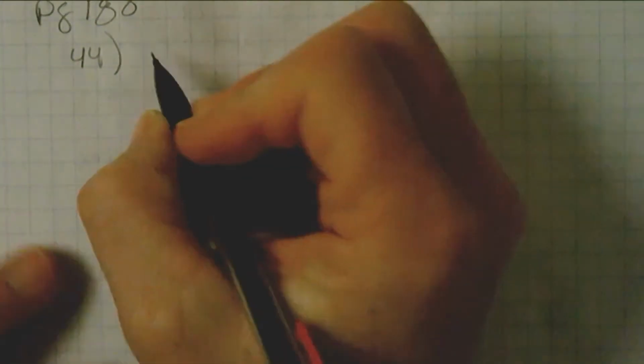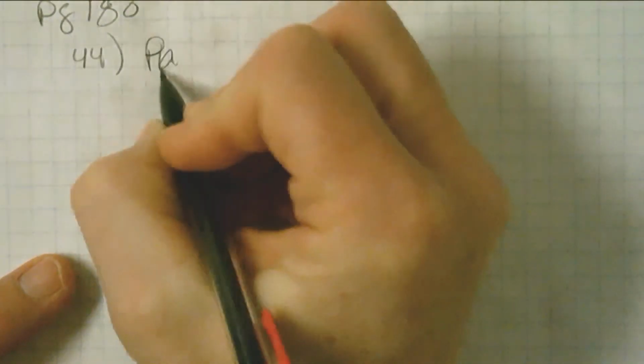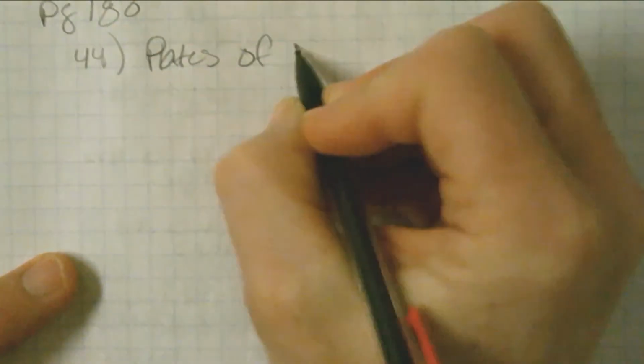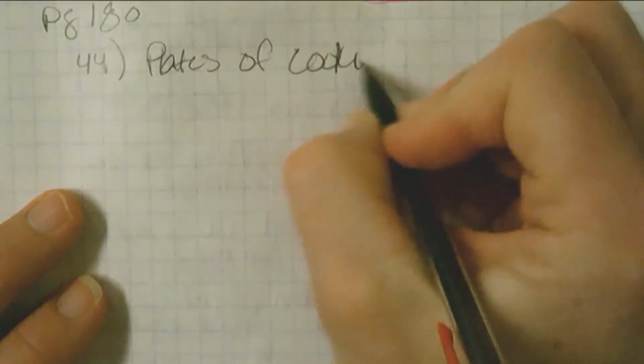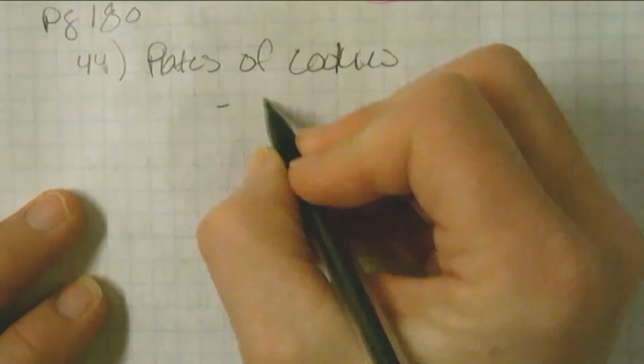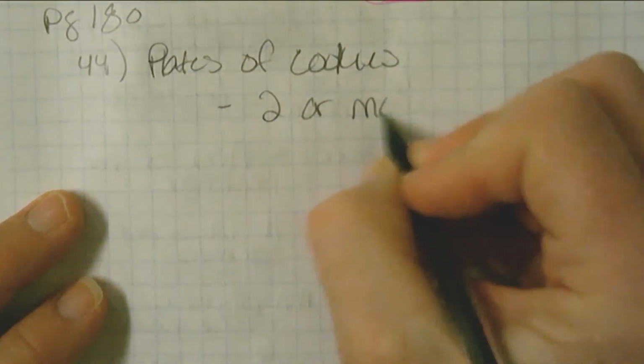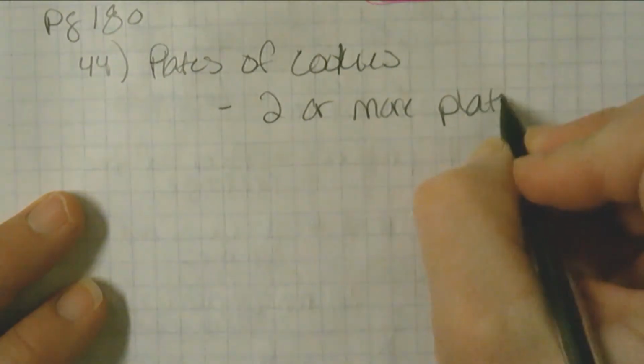So it says, John made oatmeal cookies for a bake sale. The cookies need to be distributed equally on 2 or more plates. So we have plates of cookies. We want 2 or more plates.